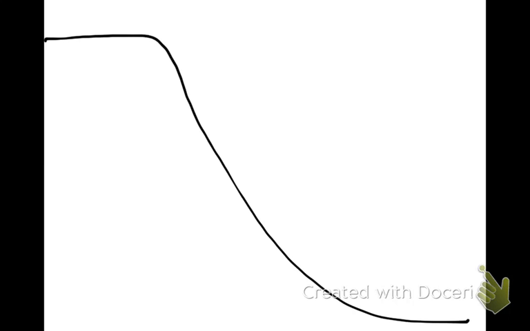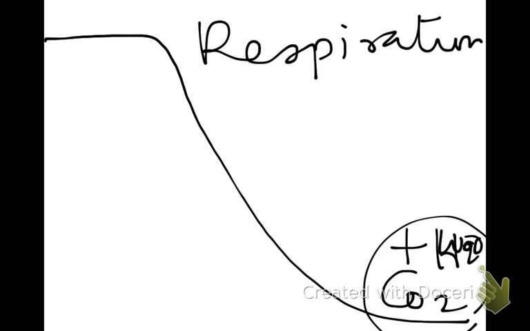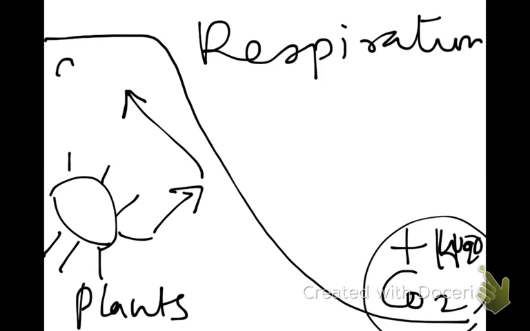When you go back to look at this process, this is your respiration. And this carbon dioxide and water, or H2O, is then used by plants in the presence of sunlight and turned into glucose.